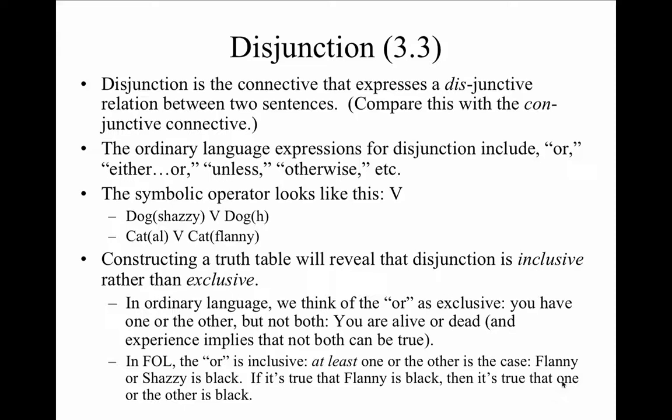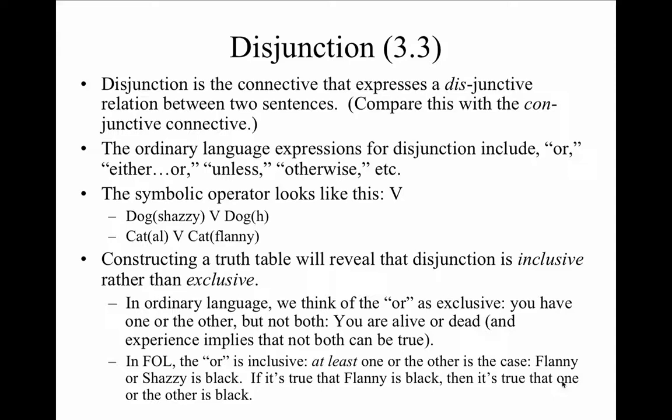All we need to know is that at least one of the disjuncts is true for the disjunction as a whole to be true. It could be the case that both Flanny and Shazi are black, and in fact, that is the case. I have a cat named Flanny, and she is black. Therefore, the sentence, Flanny or Shazi is black, is true. Turns out, my cat Shazi is also black, but that doesn't change the truth of the disjunction.